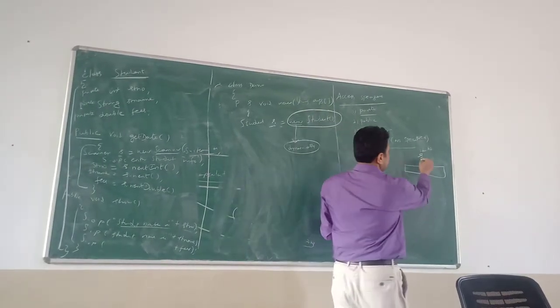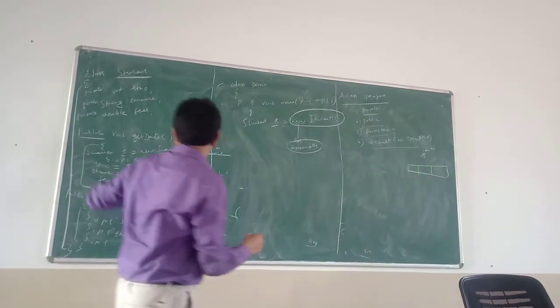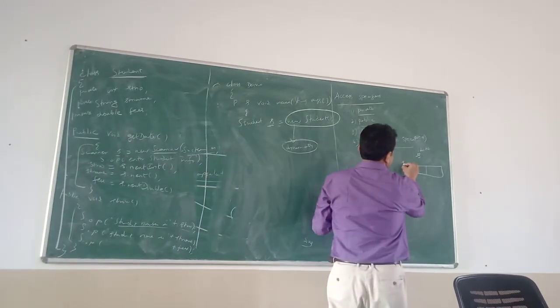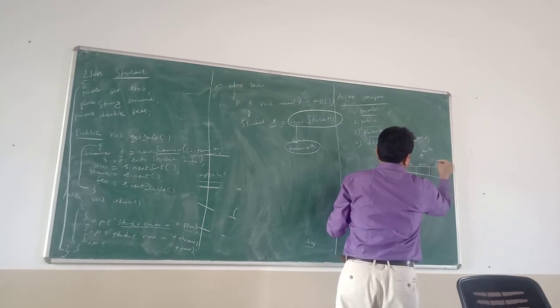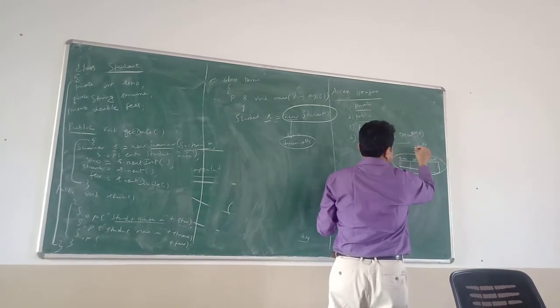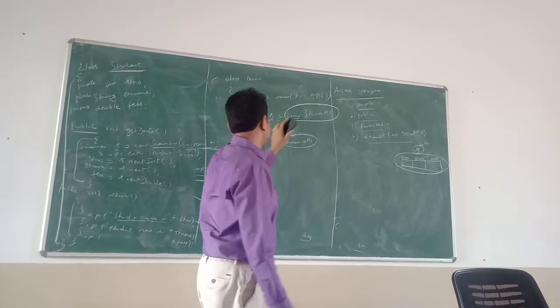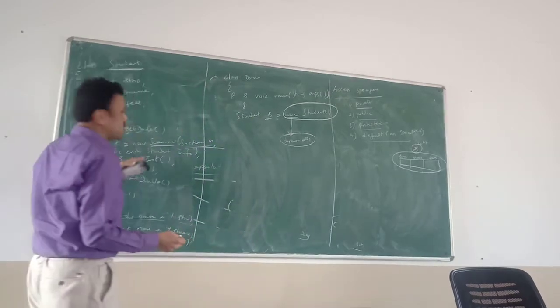Now it refers to this object, and this object has three member variables: student number, student name, and fees. All three things together are referred to by this reference variable. Now you have created the object, and I need to store student number, student name, and fees.